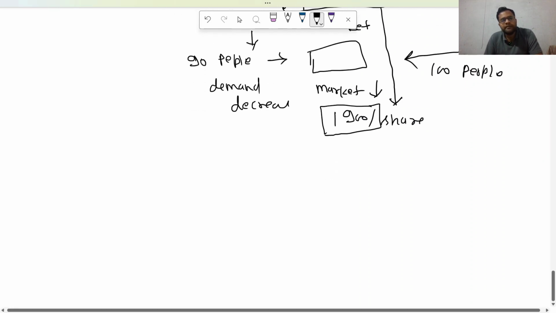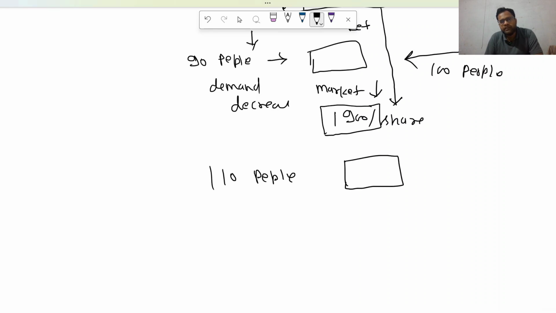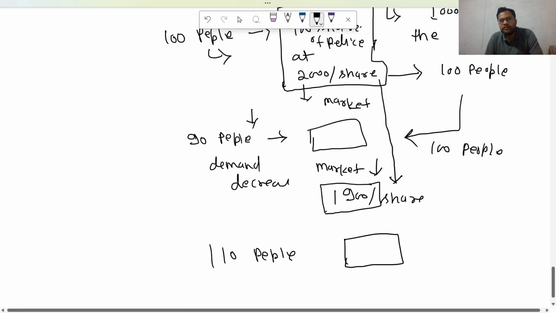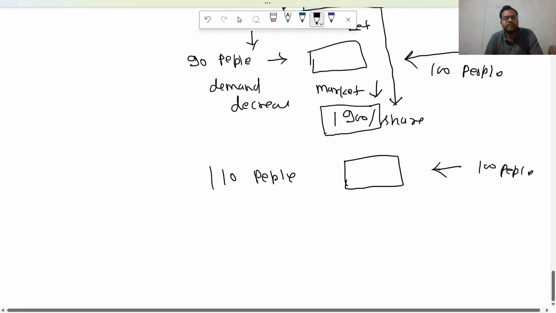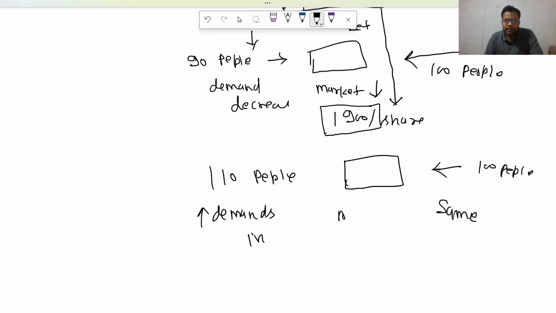In the other case, if 110 people are willing to buy that particular share, we had seen 2000 per share, and in this section 100 people are willing to sell. So here we are seeing how demand is increasing. If demand increases and the supply remains the same, in this scenario market price goes up.